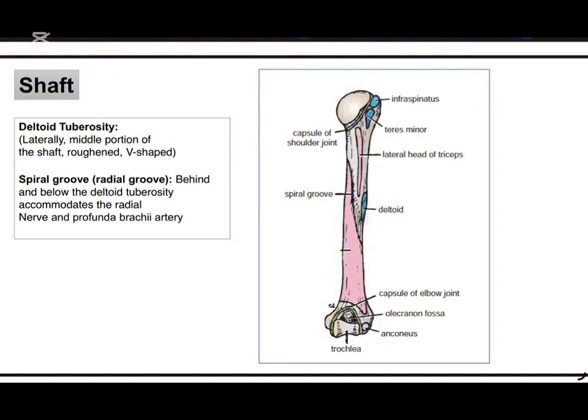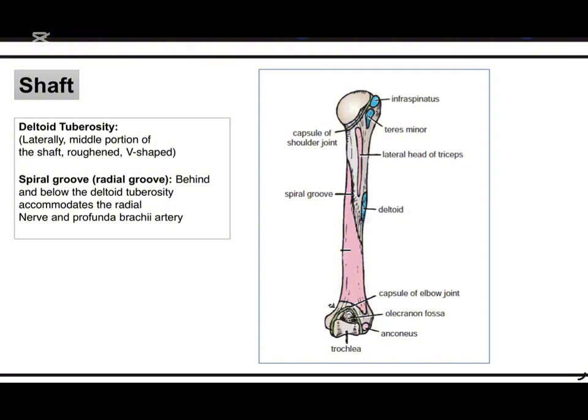And posteriorly here, I have a groove. We call it the spiral groove. And this groove is very important. Why? Because important structures pass within this groove. What are they? I have here the profunda brachii artery and the radial nerve.